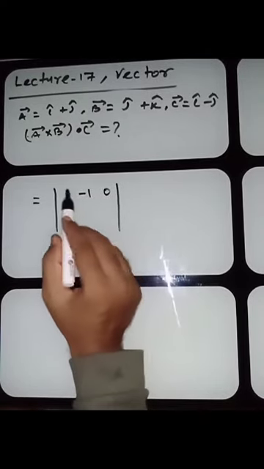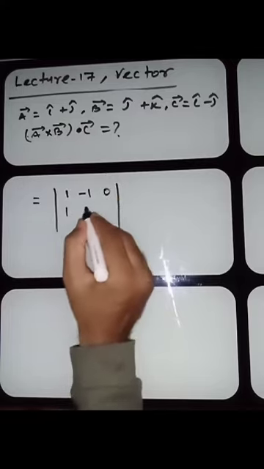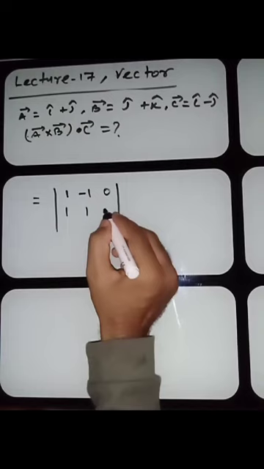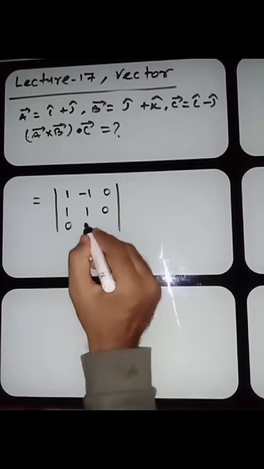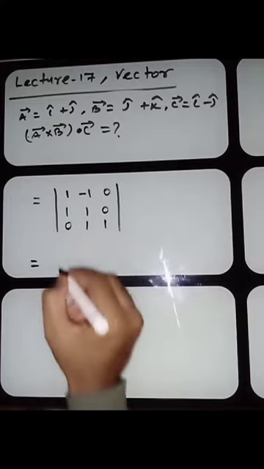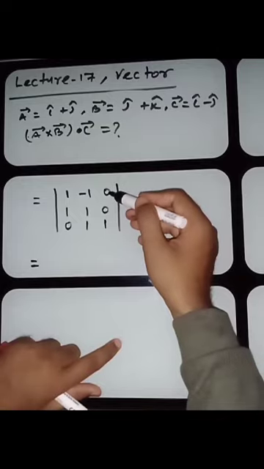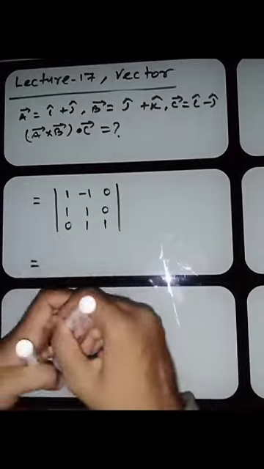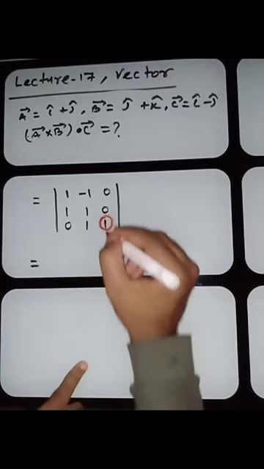Now put the coefficient of A and B. So A is 1, 1, and k is 0, and B, i is 0, j is 1, and k is also 1. Now solve this one. You can see, my dear students, the 2 zeros are in this column, so you can solve this determinant using this one only. This is the simplest.